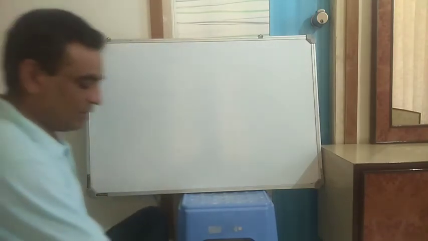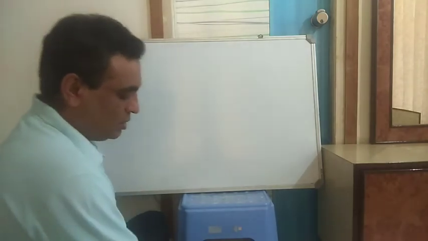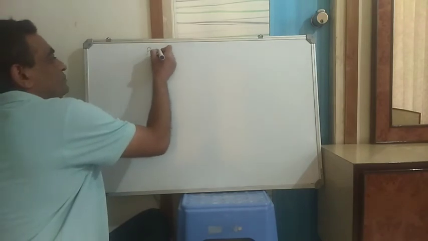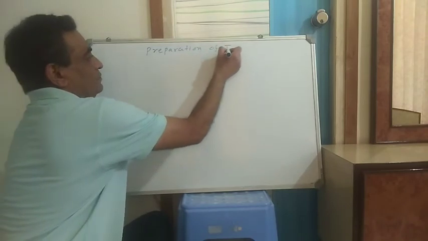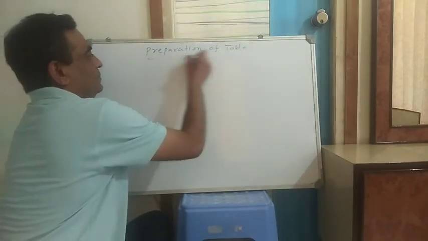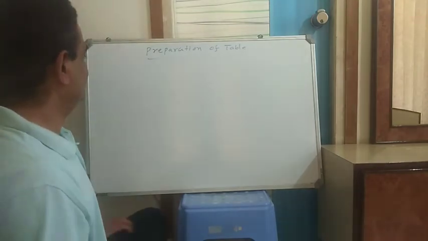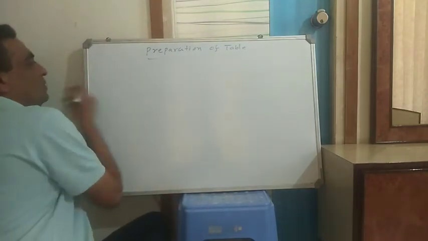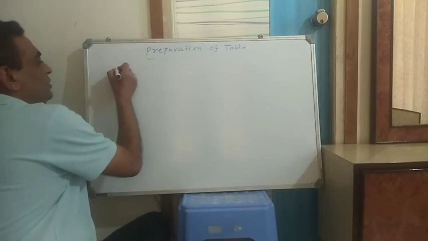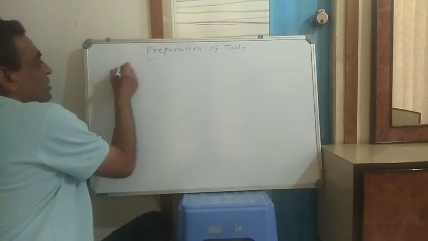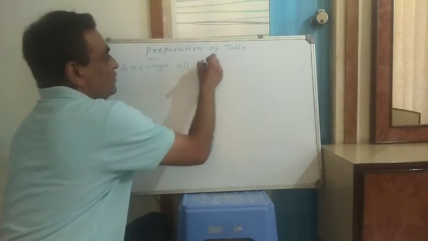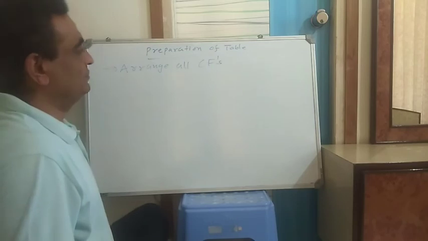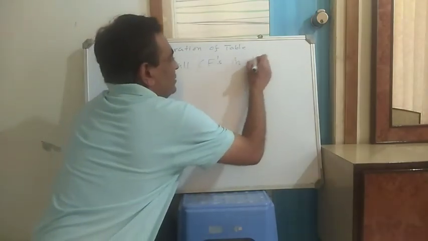All right. Now I need to prepare a table. The table is something like this. But first of all, before preparing the table, arrange all corner frequencies in ascending order.